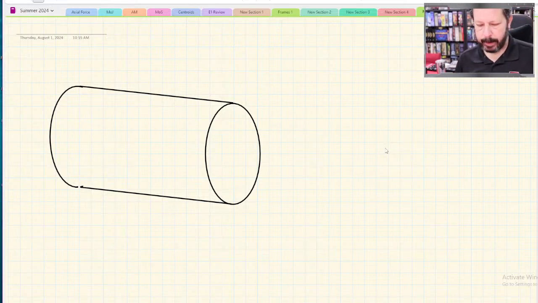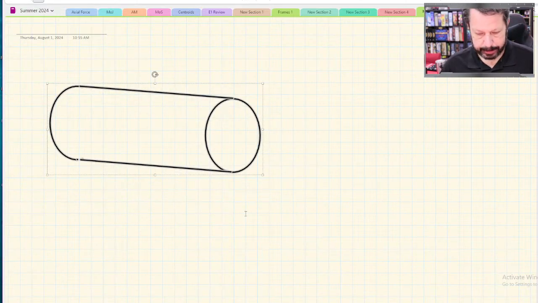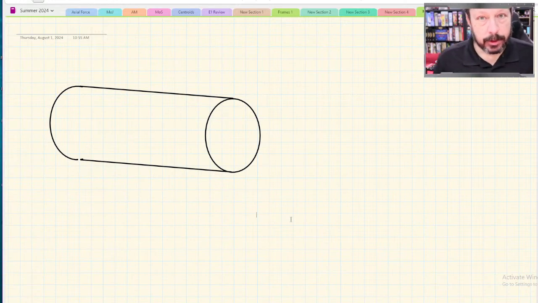There's our shaft. Maybe we can skew it a little bit to make it look more like that. This could be hollow or a solid one. It doesn't really matter. It does change the denominator, but we did that last time.